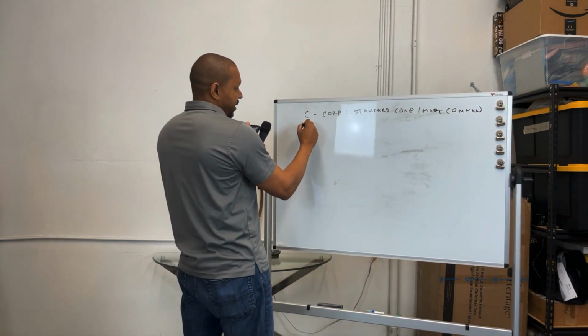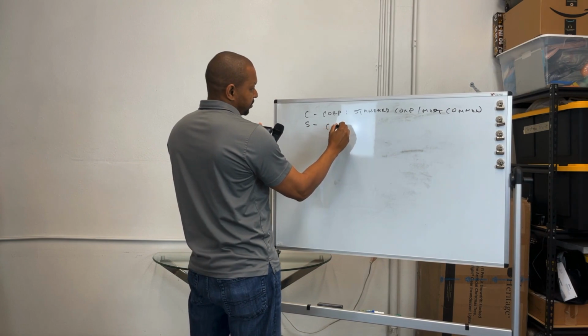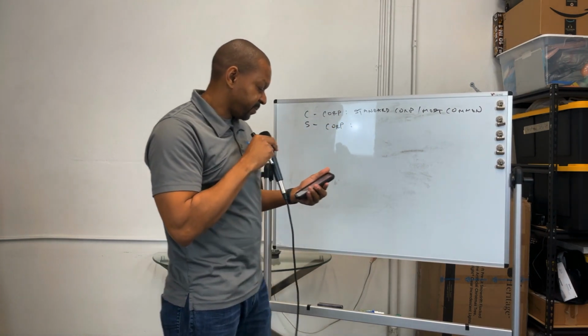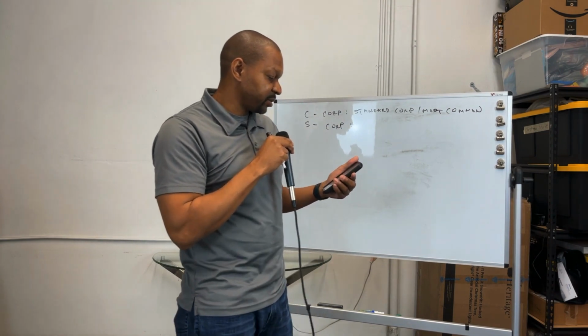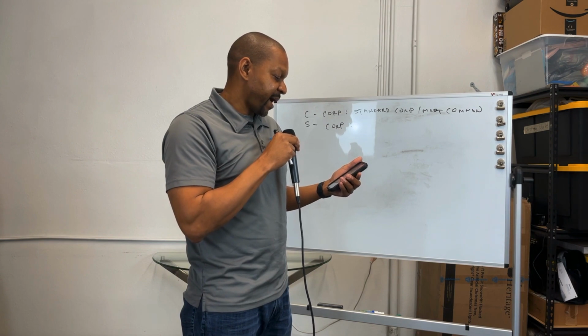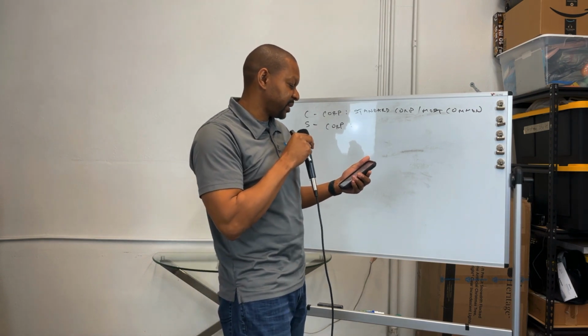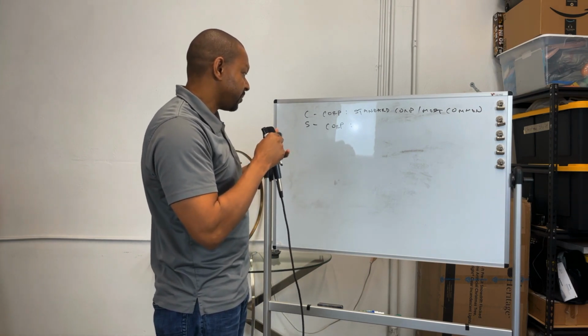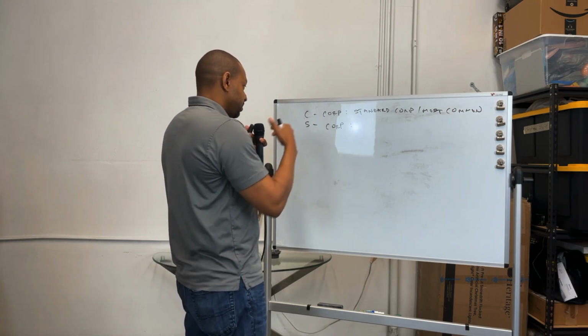The next one is an S corp. The S corp is preferred by small business owners who want the liability protection of a corporation, but with pass-through taxation to avoid double taxation on dividends. So the S corp is similar to a C corp.